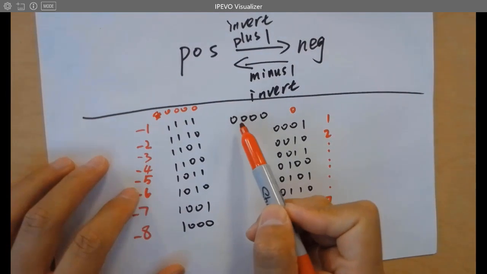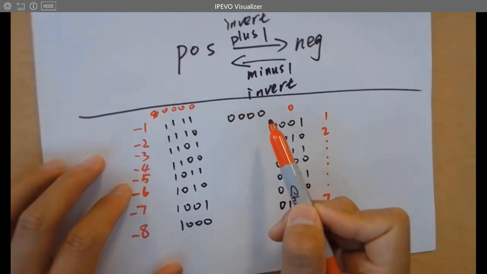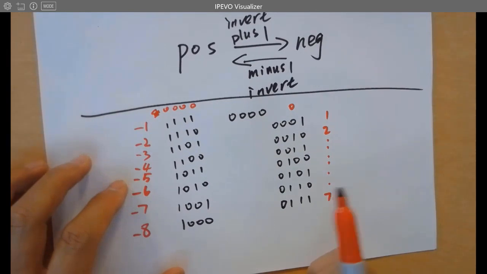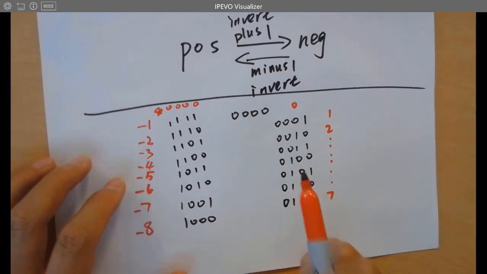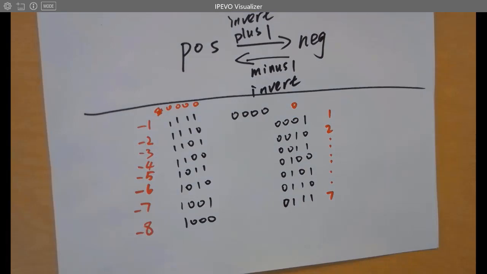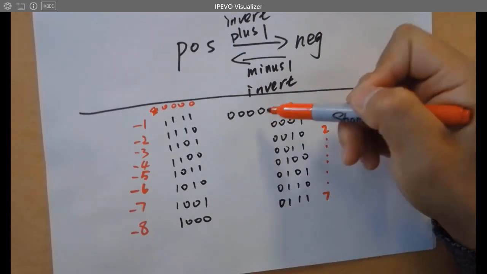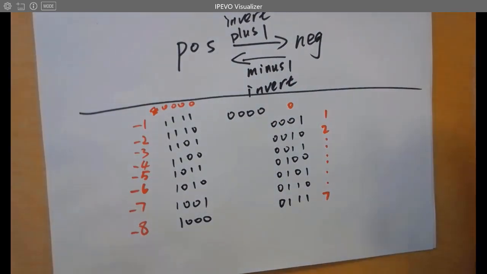So you only have 0, 0, 0, 0 for 4 bits as 0 in the computer system. Do we have another 0? Unlike one's complement and the other one that have a sign bit in the front, 0, 0, 0, 0 will be the 0 forever. You don't have another binary number to represent 0 at the same time. So that's why 2's complement is great. There's no problem of that kind.